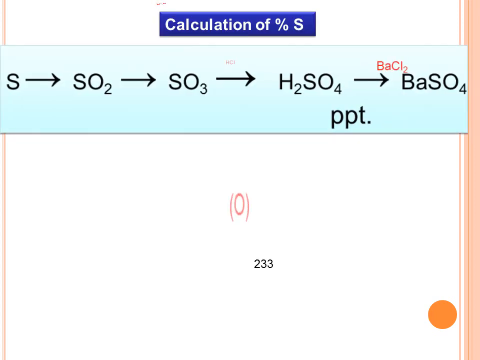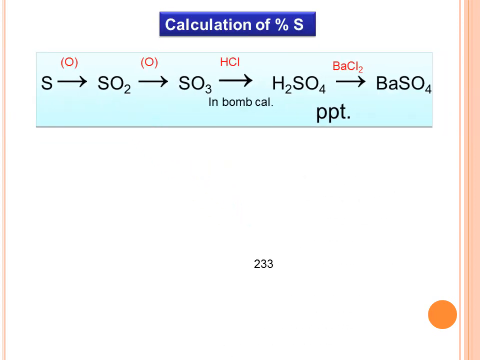Now we have to see some fuels in detail, first coal, a solid fuel. Coal is a highly carbonaceous matter that has been formed as a result of alteration of vegetable matter under certain favorable conditions. What does coal contain?